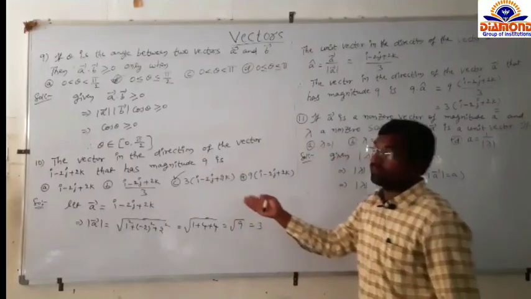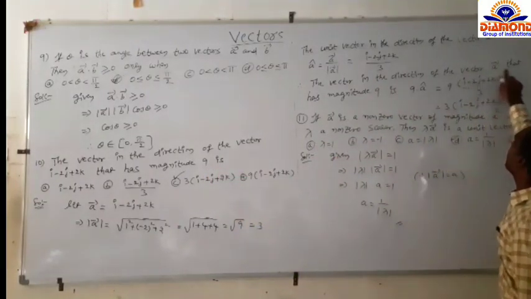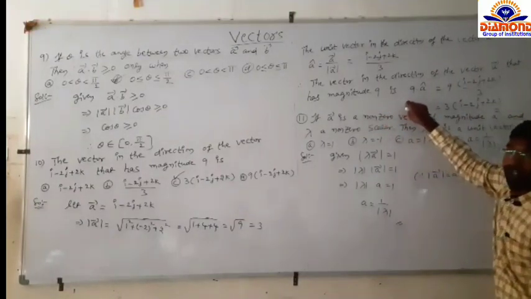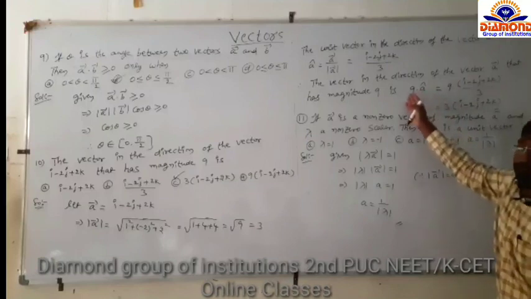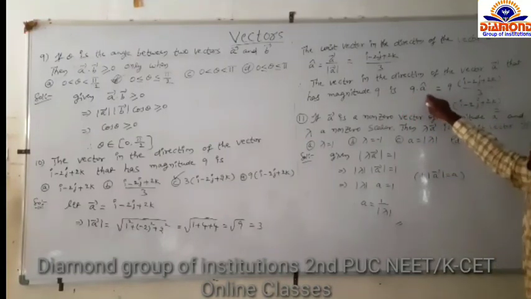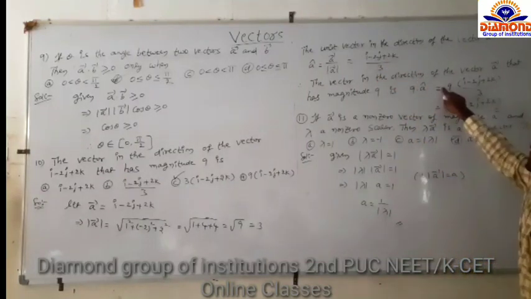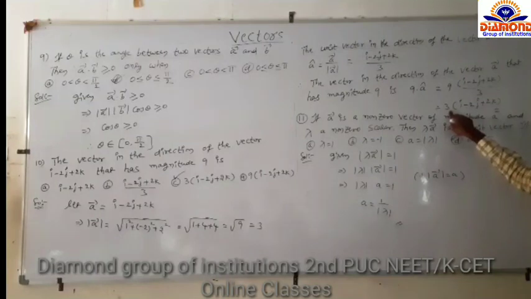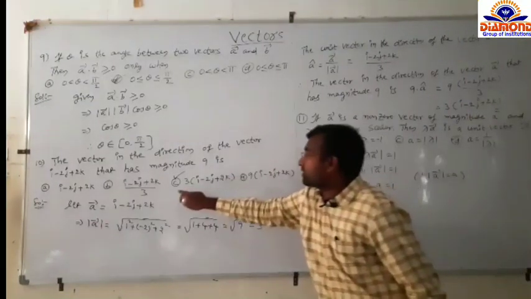So the unit vector is multiplied by 9. The vector in the direction of a bar that has magnitude 9 is 9 into a cap. So 9 into a cap value, i minus 2j plus 2k by 3. Substitute here: 3 1s are 3, 3. So the final answer is 3 into i minus 2j plus 2k. That's why the correct option is C.